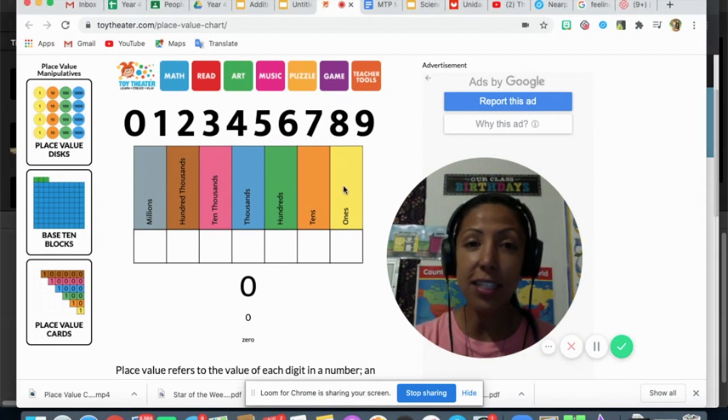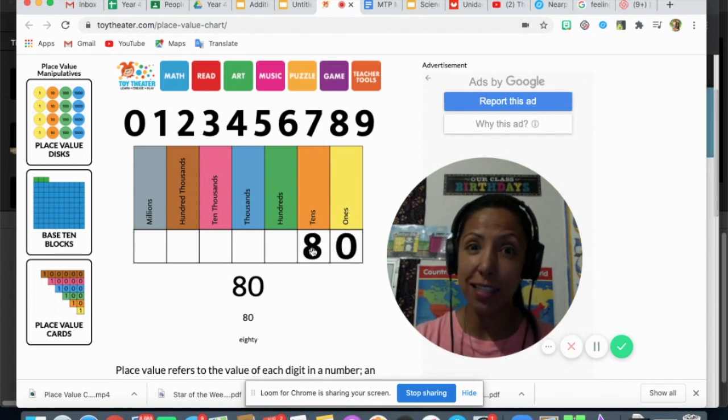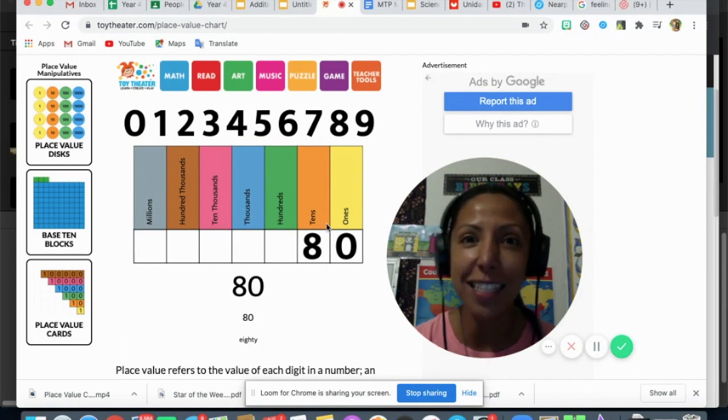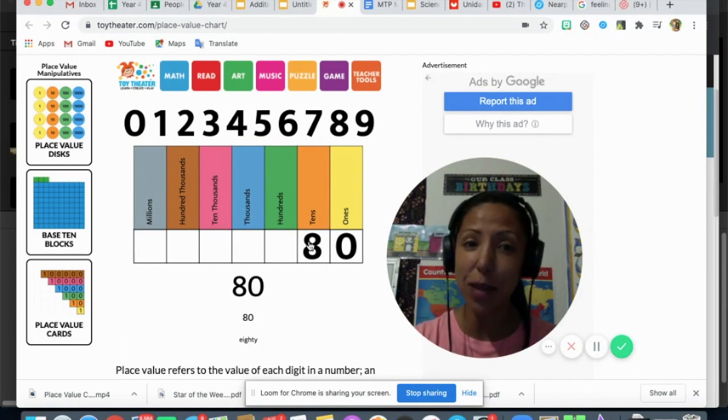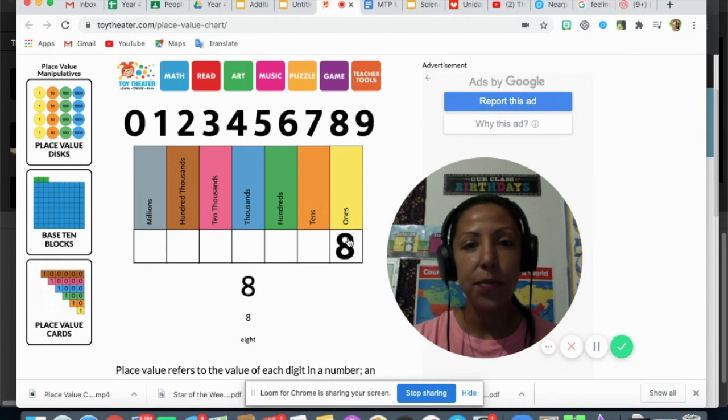So it's not the same if you put the number 8 as in 8 years old here in the ones place than if you put it here in the tens place, because then you'll be 80 years old, which is not correct. So 8 goes under the ones place.